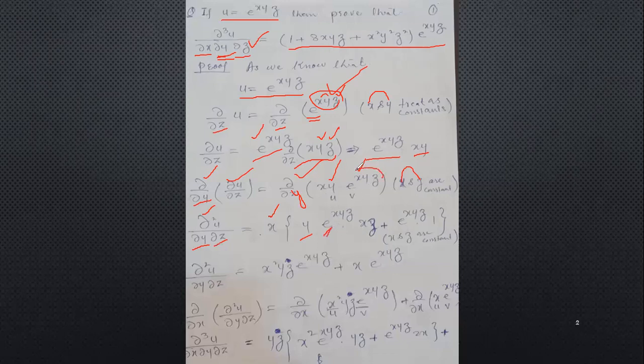When we take derivation of the power with respect to y, x and z we treat as constants. So here we get x into z because derivation of y with respect to y is 1. Now plus v same, which means e power x into y into z same. Now derivation of y with respect to y is 1.